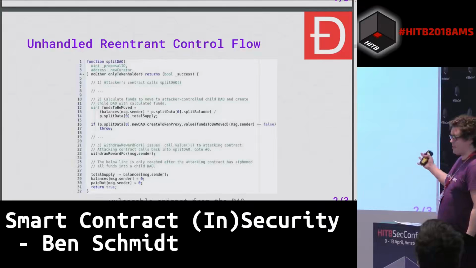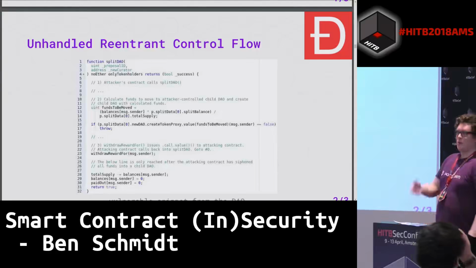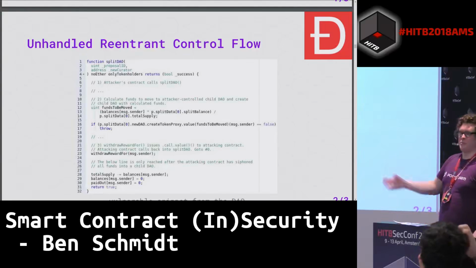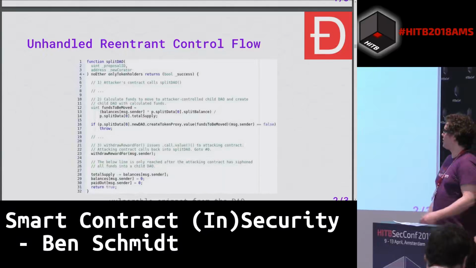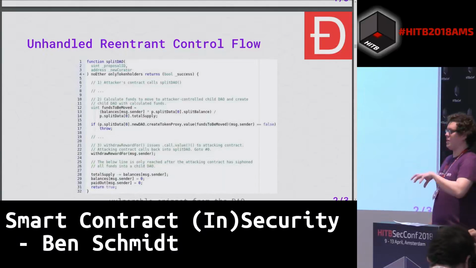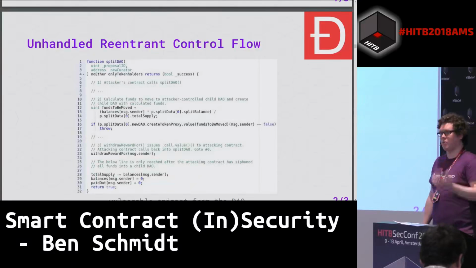So in the case of the DAO, has anyone heard of the DAO before? This was one of the first big hacks on the network, and it was a result of a smart contract in this thing called a distributed autonomous organization.